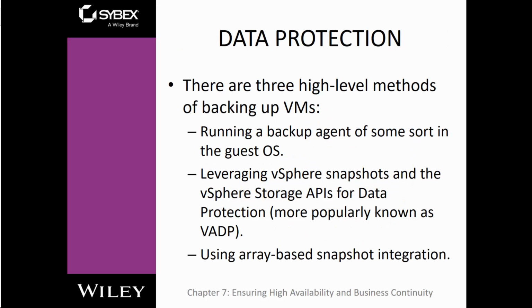There are 3 high-level methods of backing up VMs: running a backup agent on some sort of guest operating system, leveraging the vSphere snapshot and the vSphere Storage APIs for Data Protection, which is normally known as VADP, or using an array-based snapshot integration.